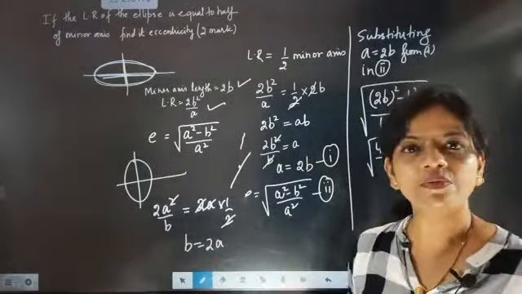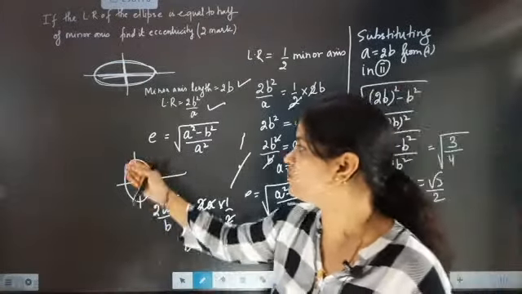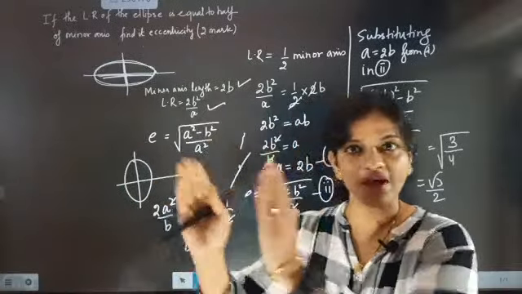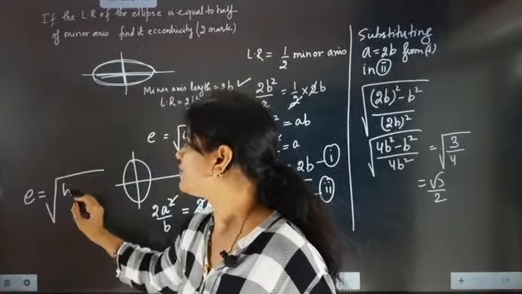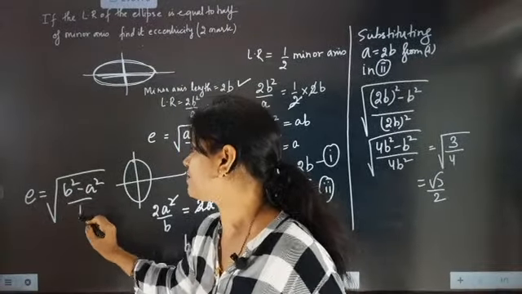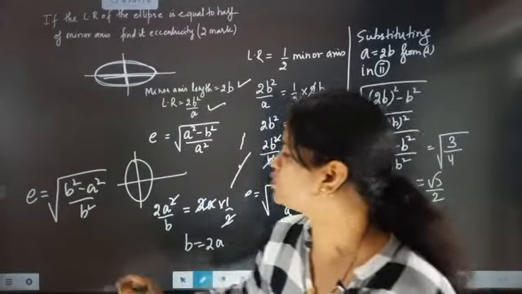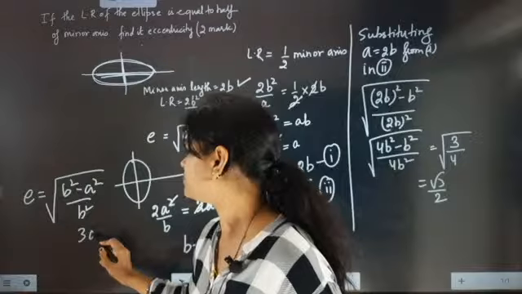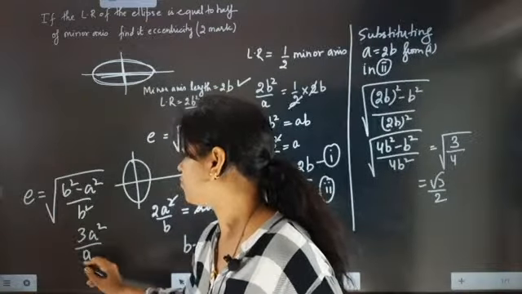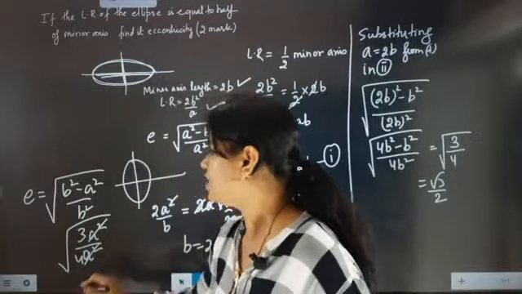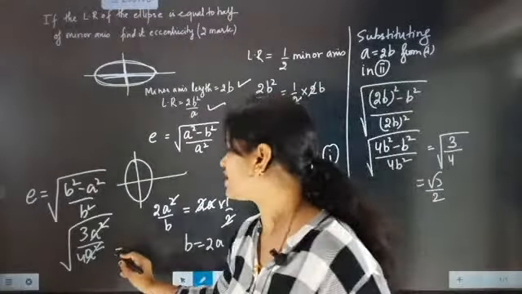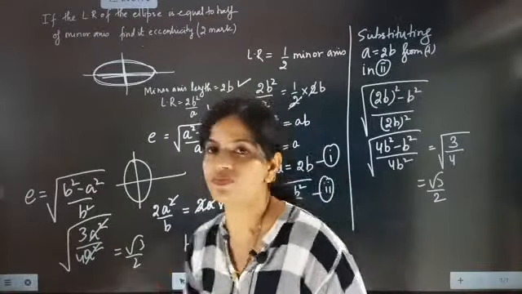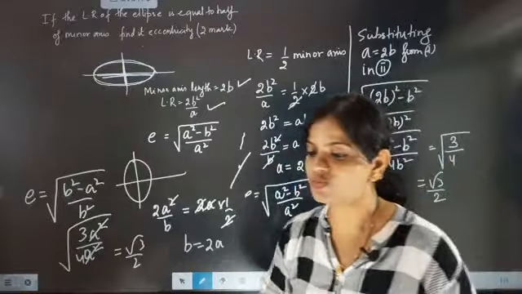Once b is equal to 2a, when you take the ellipse resting on the y-axis, the eccentricity formula will change. It will become b square minus a square by b square, and you know b is equal to 2a. So it will become 3a square by 4a square. Even if you take the ellipse resting on the y-axis, the eccentricity value will come the same, because the formulas will be changing.